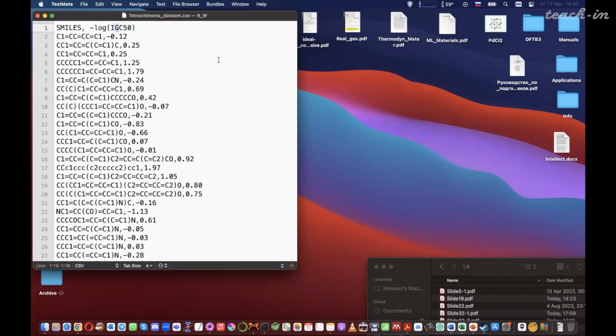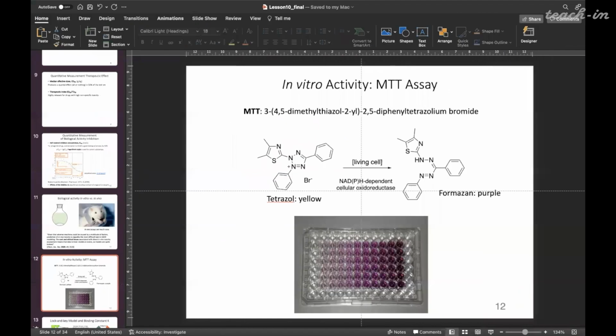Then we discussed the toxicity to Tetrahymena organisms, and we used IGC50 exactly.